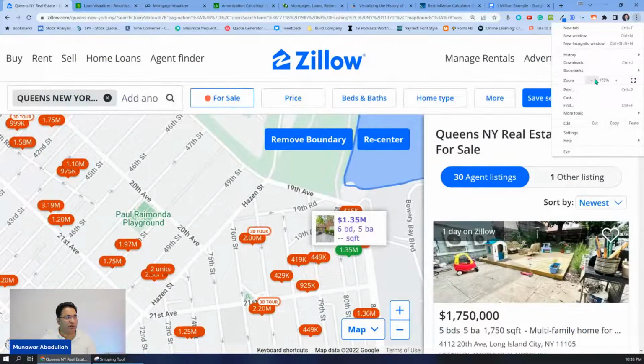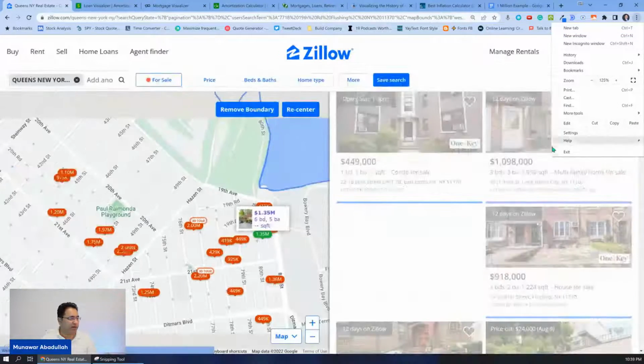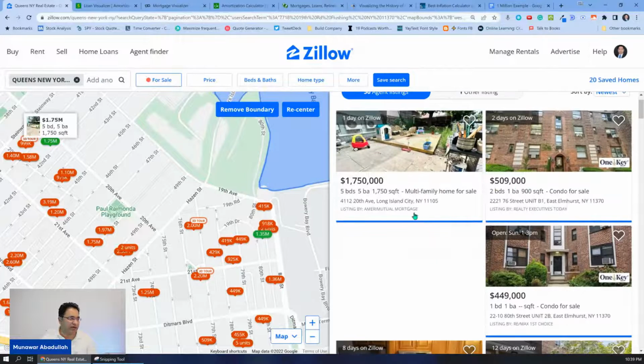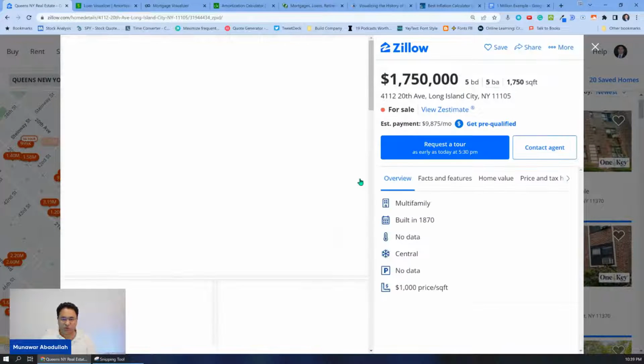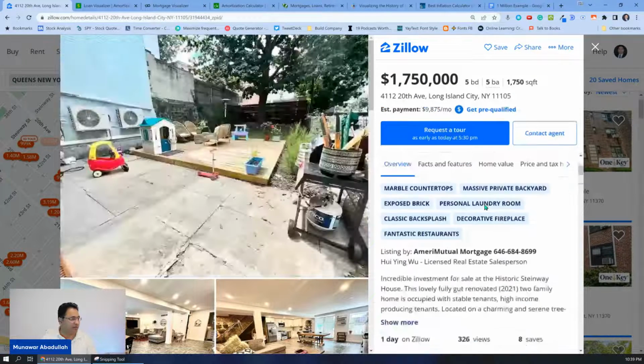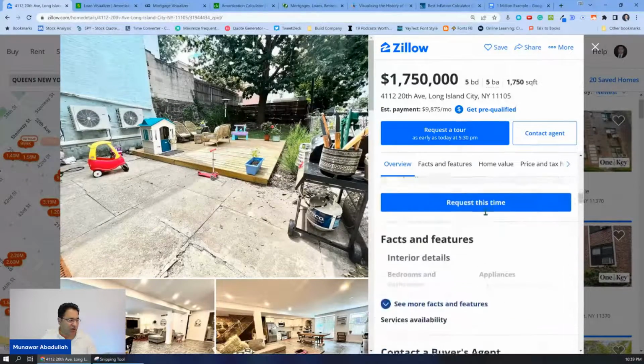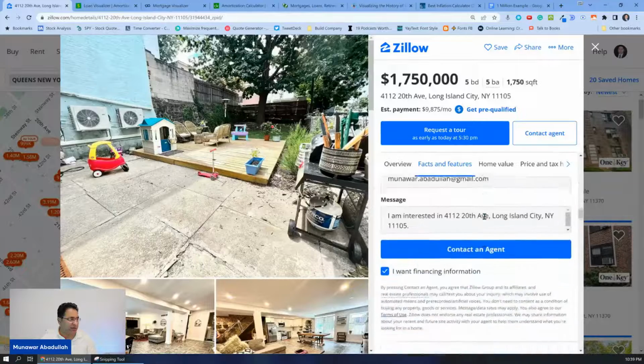Let me reduce a little bit. I made it. So let's pick this condominium for sale. Condominiums normally don't appreciate that much, so we will pick the homes. We can see what it looks like. So that's how you can do the research on any property.